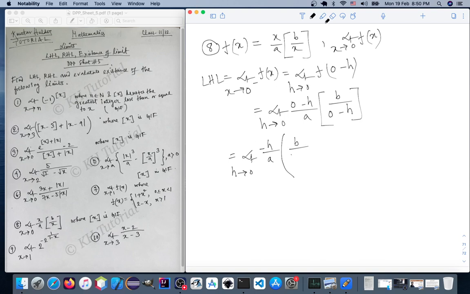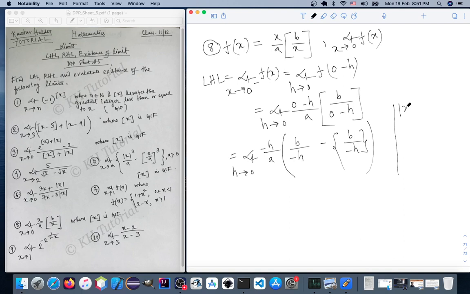So we have used the identity or the formula that box x equals x minus fractional part of x.